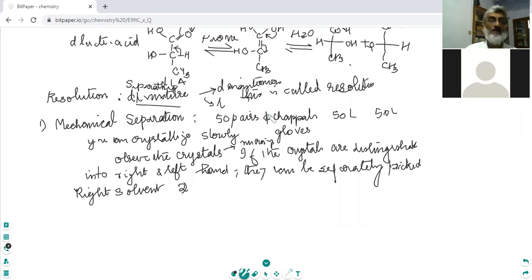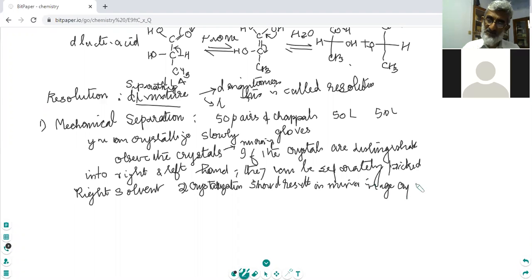You have to make a study, and crystallization should result in mirror image crystals.